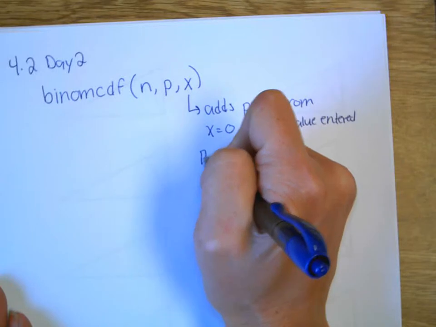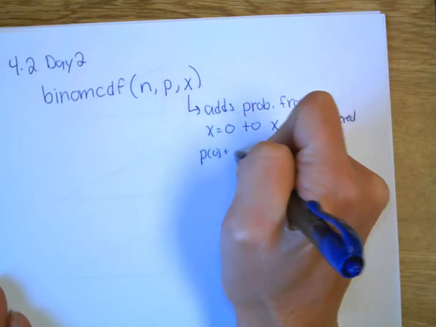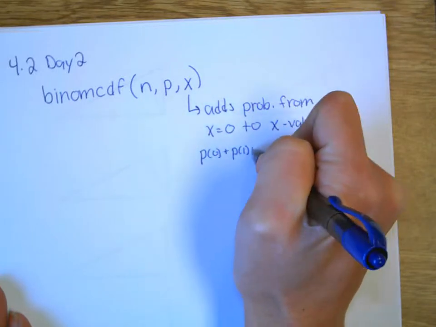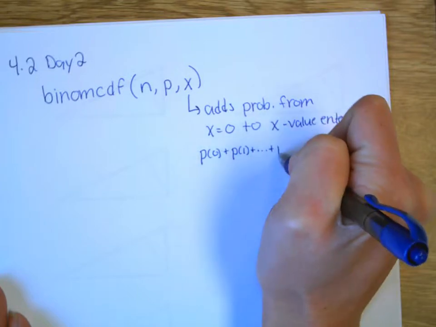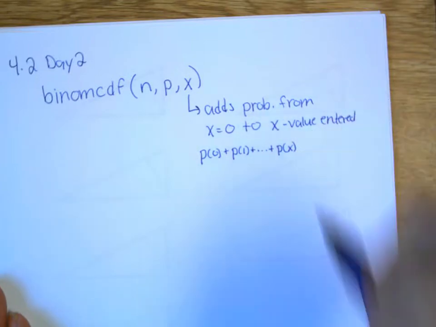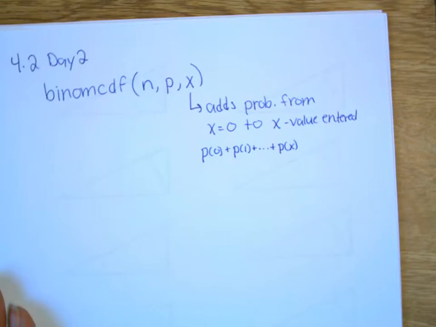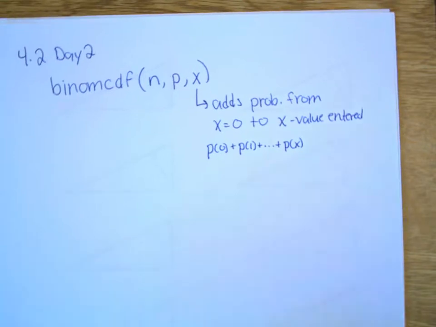So it will add P of 0 plus P of 1 plus all the way through whatever X number you put in. That's what the CDF, cumulative distribution, adds for you. So you don't have to do them all separately and add them together. So let's see how we can use this and when we should be using it. Going right into examples.